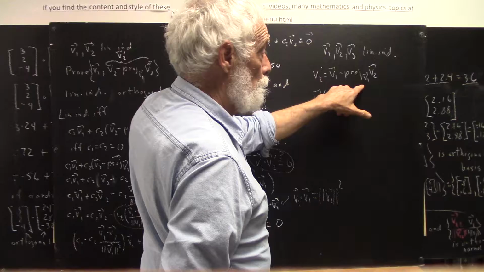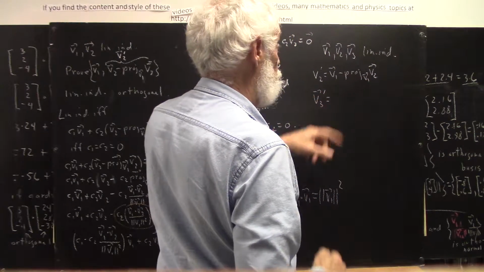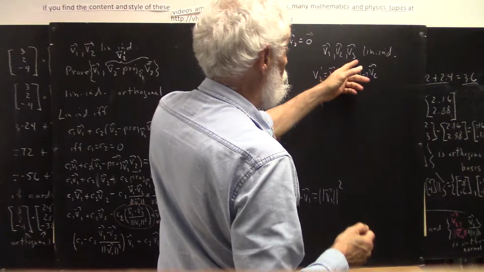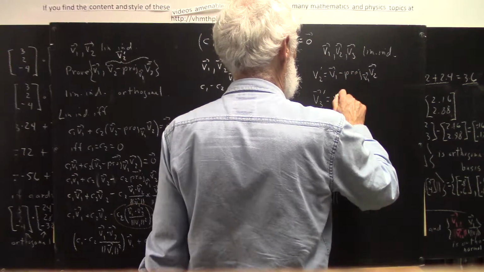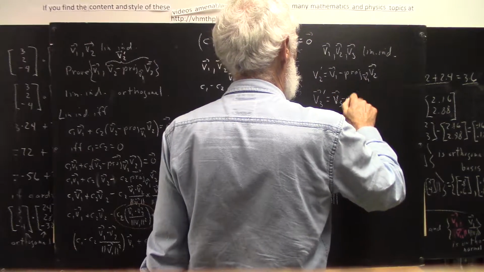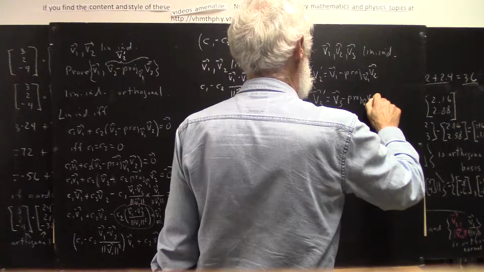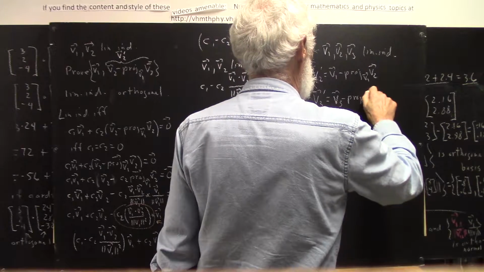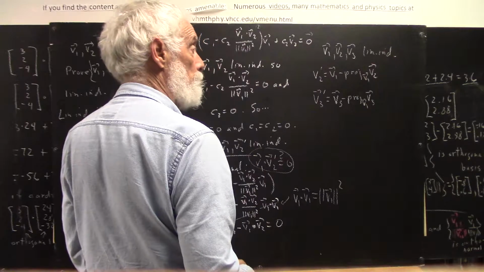Okay, here we've thrown away the part of V2 that's in the direction of V1. To get V3 prime, we throw away the part of V3 that's in the direction of V1. We don't need it. So we subtract off the projection of V3 on V1.